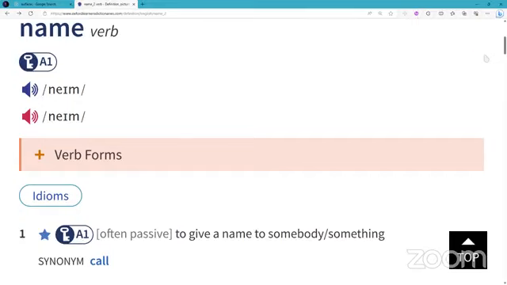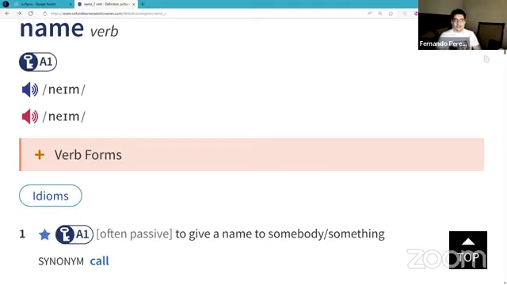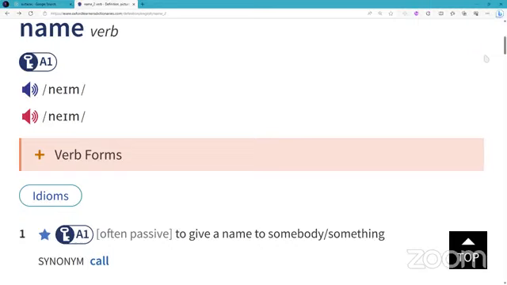Could you please repeat the question? You need to use passive voice to say that the word pasteurization comes from the name Louis Pasteur.